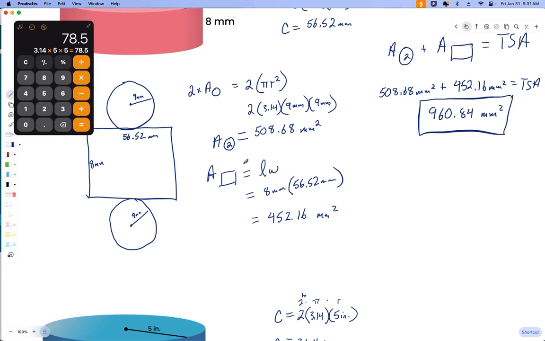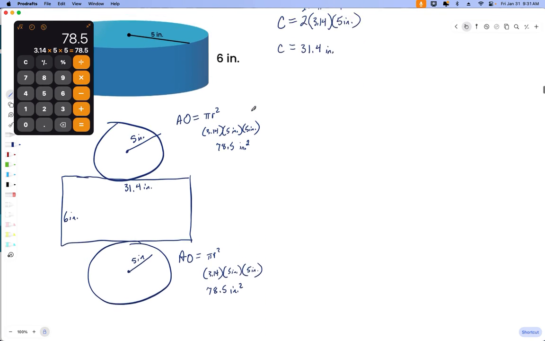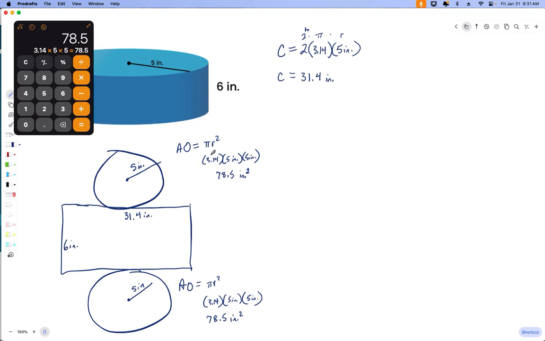So all you had to do was add this factor of 2 on the front. It's the same calculation, pi times the radius times the radius. But when you know you have 2 identical circles, you can just multiply it by 2. Or if your brain doesn't work that way, you can do it twice. It's the same thing. You're doing it 2 times, or you're multiplying it times 2.